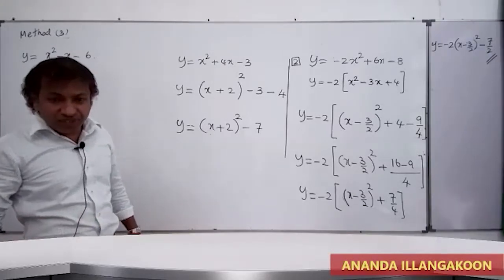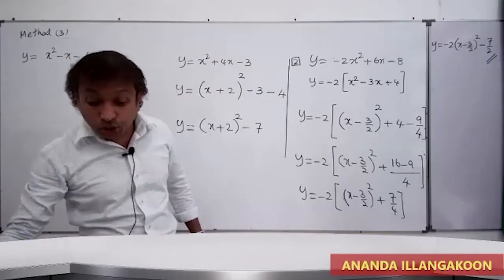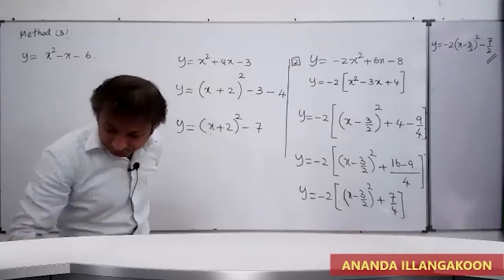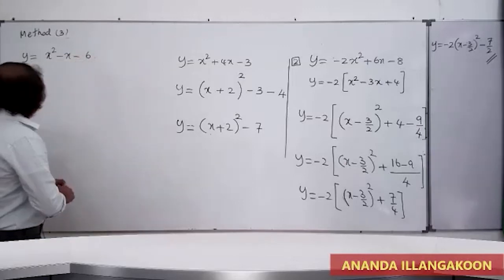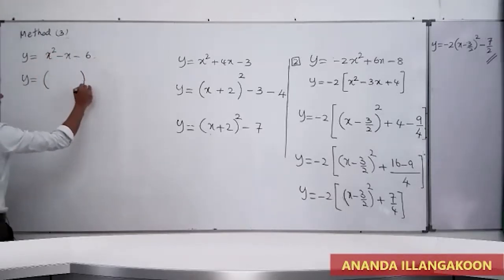Right. People, first of all, give me the completed square expression here. Give me that first. Right. So now here, the x squared coefficient is plus 1. So therefore, we can straight away apply those steps. Put the perfect square and this minus 6.